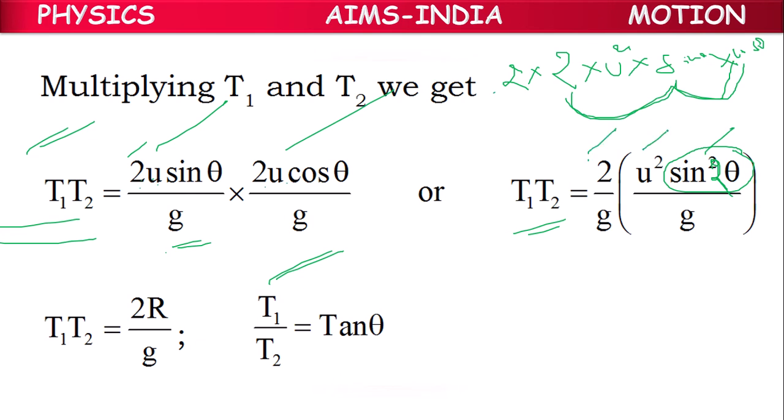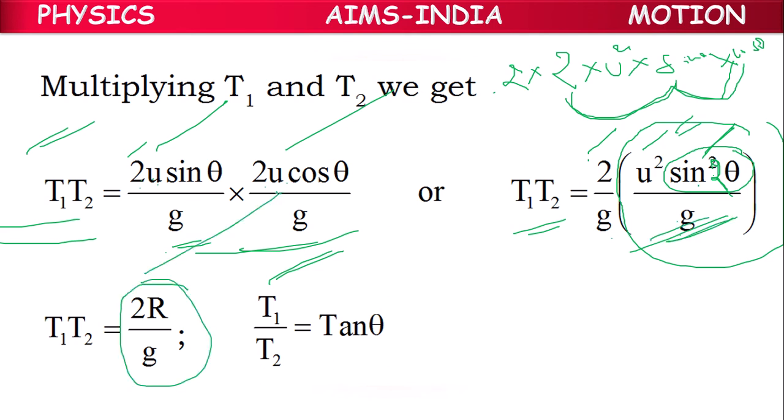We have u square. Remaining part will become sin 2 theta by g, we can write as g into g. But this value which is in the brackets, u square sin 2 theta by g, this is equal to R. This is the formula for range. So 2R by g.